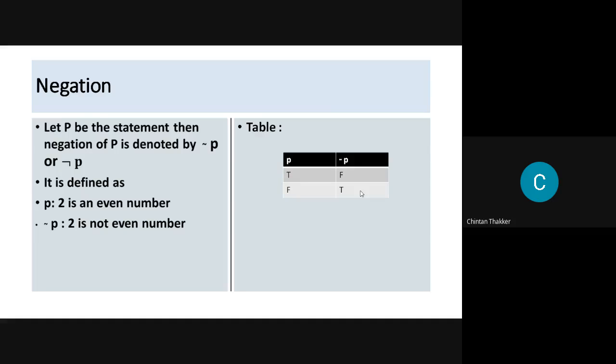This is called the truth table of the negation statement. If the question says define the negation statement and write the truth table, then you have to write this table.